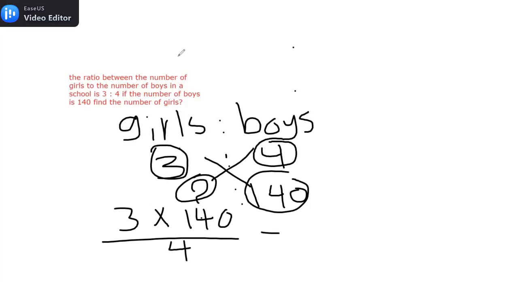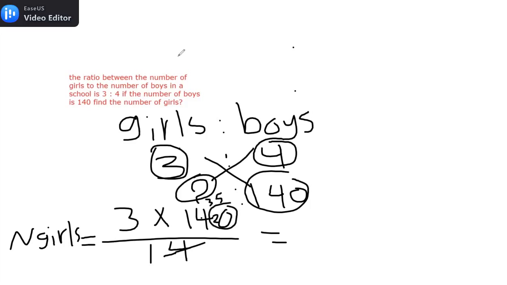The number of girls will be equal to this. It's clear that these two numbers are divisible by 4. 4 divided by 4 will be 1. 140 divided by 4, we can make it step by step. 0 divided by 4 is not enough. 14 divided by 4 will give us 3 and remainder 2. 20 divided by 4 will give us 5.